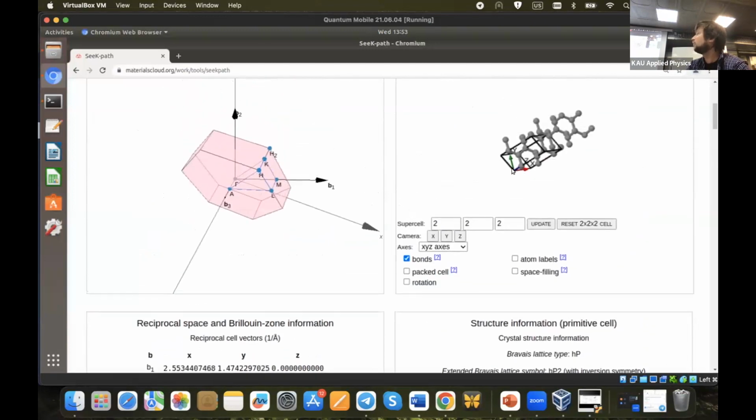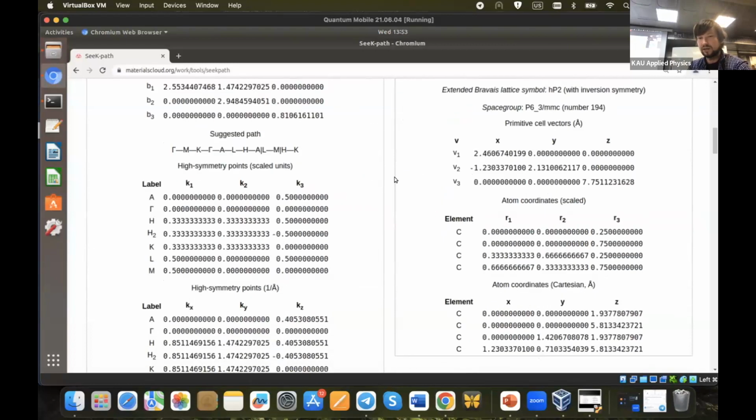Then you know that the a lattice is 2.47 angstroms, the same is the b lattice, and the c lattice is 7.8 angstroms. For example, we use 0.25 of c: you can divide 7.8 by 4, and you will get this value in angstroms.